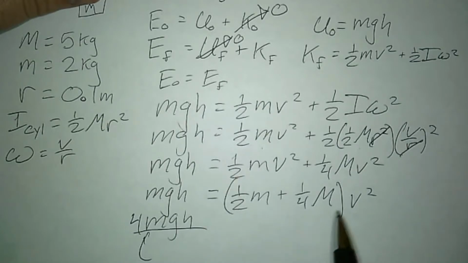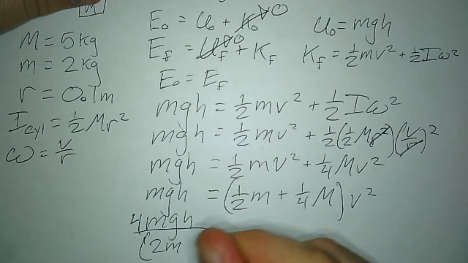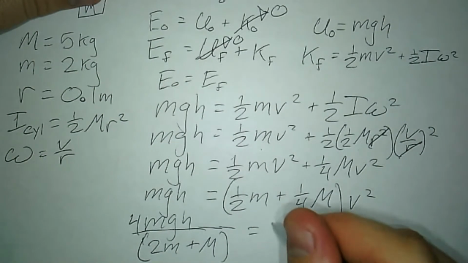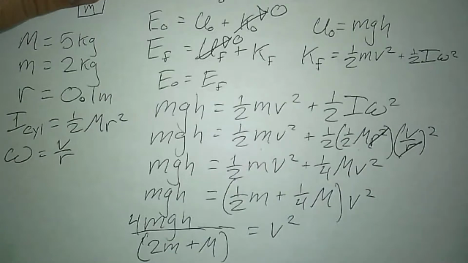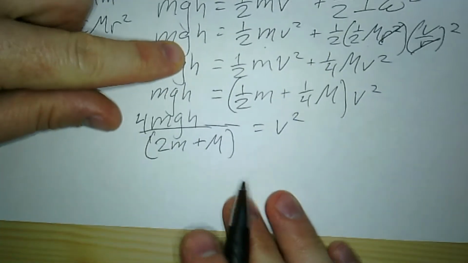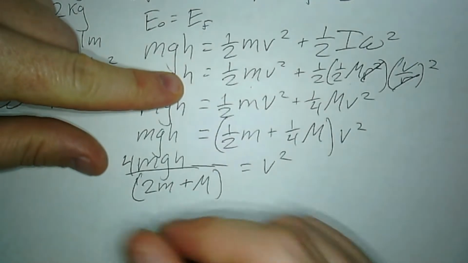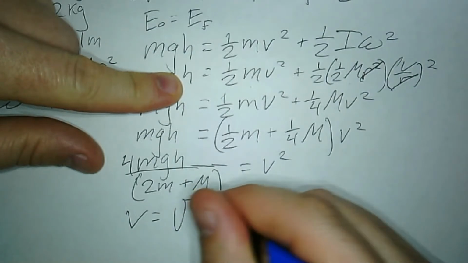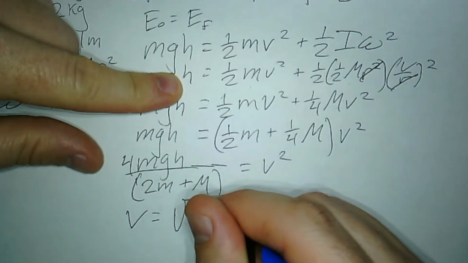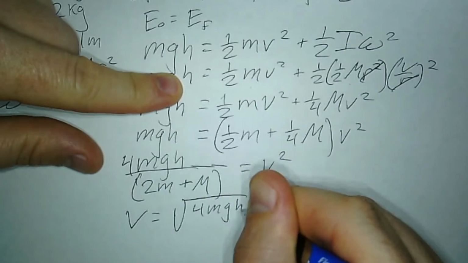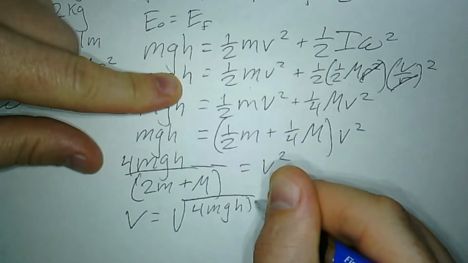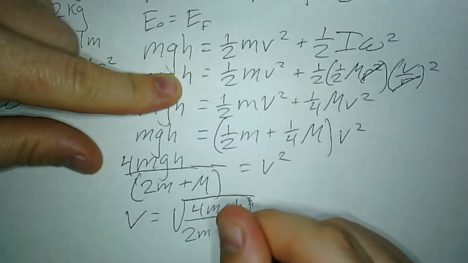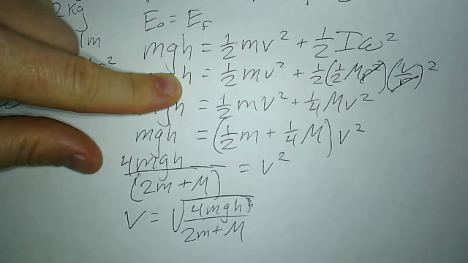So now it's going to be 2m and big M. 2m plus big M is equal to v squared, right? So this means then that v is going to equal the square root of 4mgh over 2m plus big M, right?